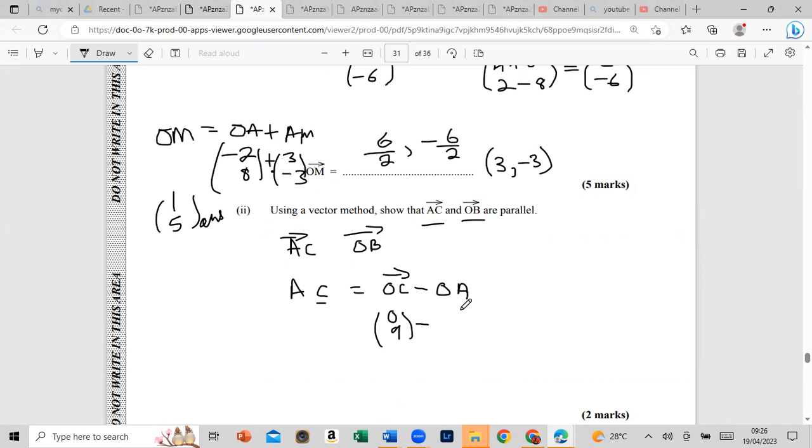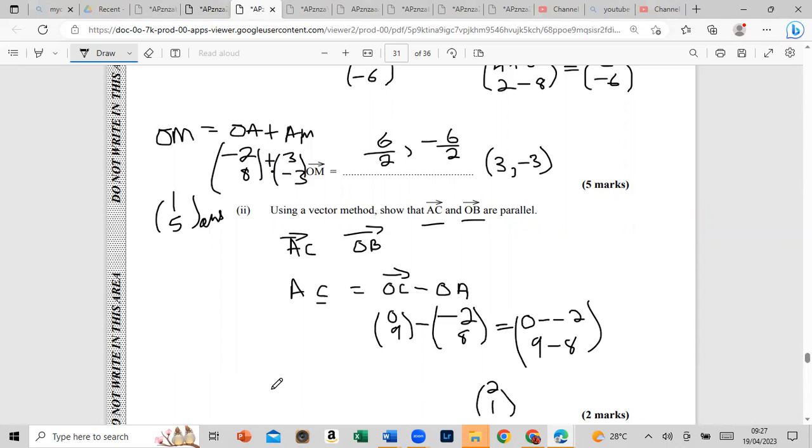So it's going to be 0 minus negative 2, and 9 minus 8. This is going to give us 2, 1.